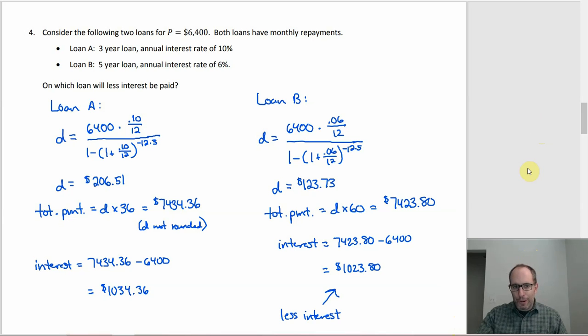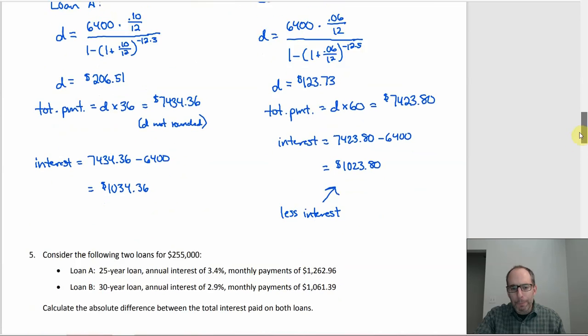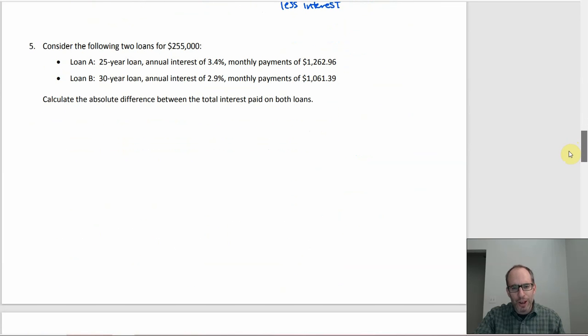All right. So when you compare the loans, that's probably the thing that you're looking for. Another question that comes up in the homework is finding the absolute difference. And that's what I have for number 5. So with number 5, the monthly payments are already figured out. So that's most of the work, right?